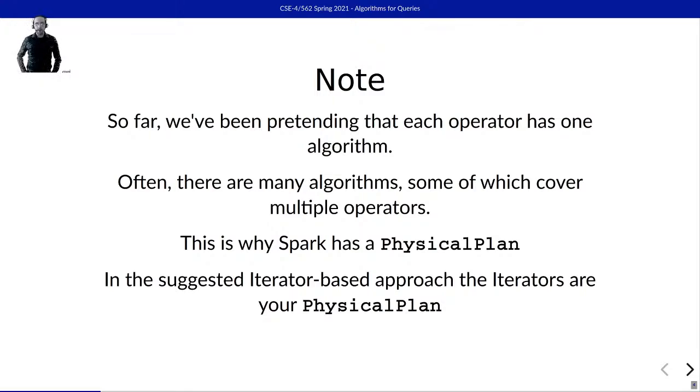The complexity of this particular project is low enough that we don't actually care about that. And as you create the iterators, it's perfectly reasonable to pick the specific algorithm that you're going to be using as you're creating the iterators. There's not going to be much of a benefit to going through this extra step of building a physical plan. But when you hear the term physical plan, you should at least know that this is what we're talking about.